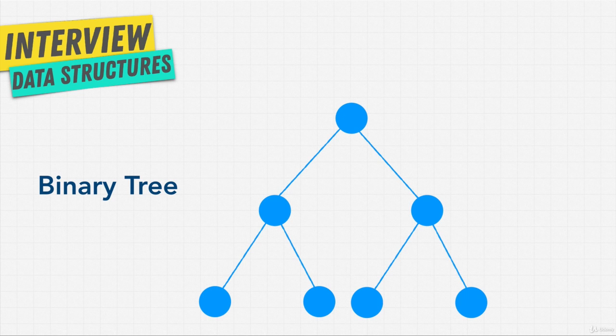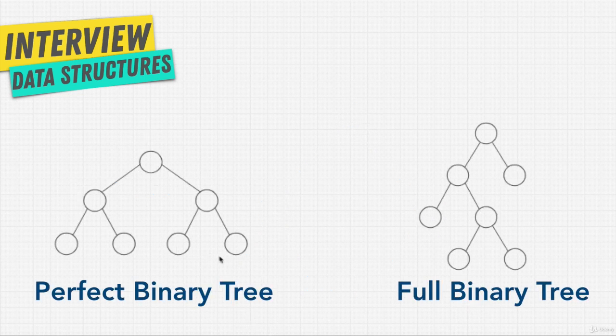Let me show you what I mean. A perfect binary tree has everything filled in. That means all the leaf nodes are full, and there's no node that only has one child. A node either has 0 children or 2 children. And also, the bottom layer of the tree is completely filled.